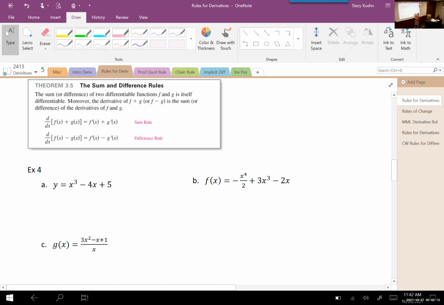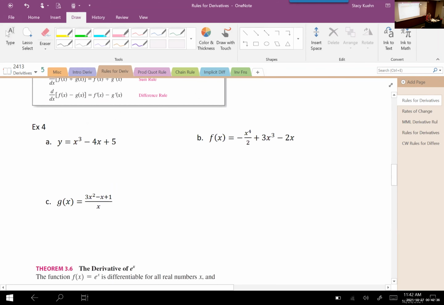So think about polynomials like you see here, okay? Notice that letter C down here is a rational function, but the denominator is only a single term, so I'm going to be able to use division on that. I'll show you what I'm talking about if we wanted to do them individually.